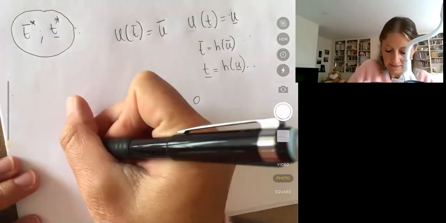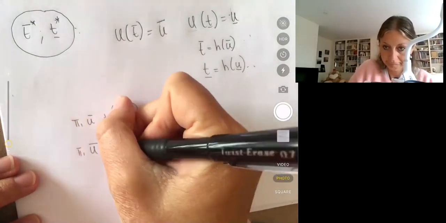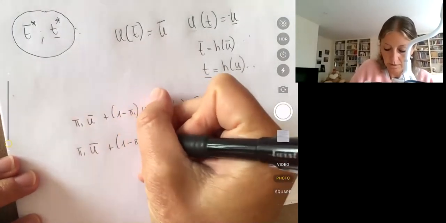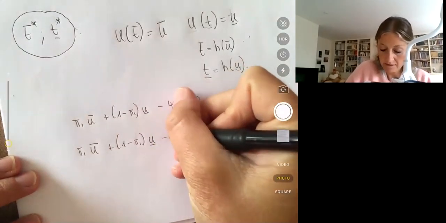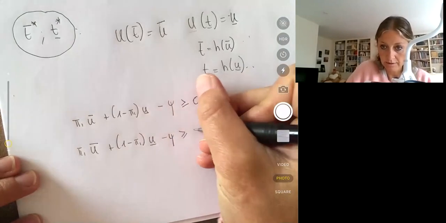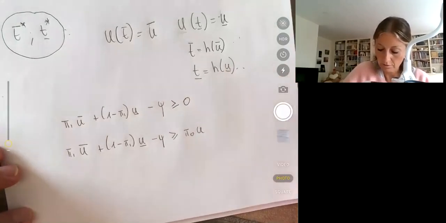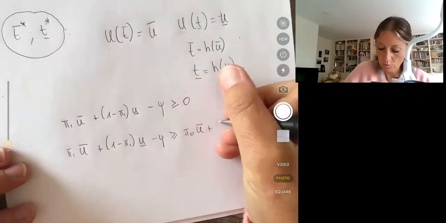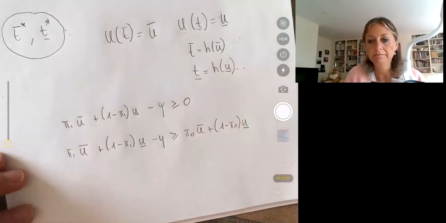And then the incentive compatibility constraint as pi 1 U upper bar plus 1 minus pi 1 U lower bar minus psi non-smaller than pi naught U upper bar plus 1 minus pi naught U lower bar. Okay?